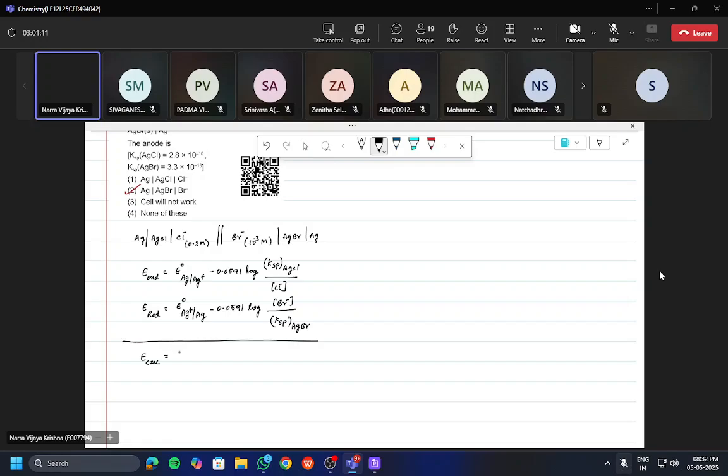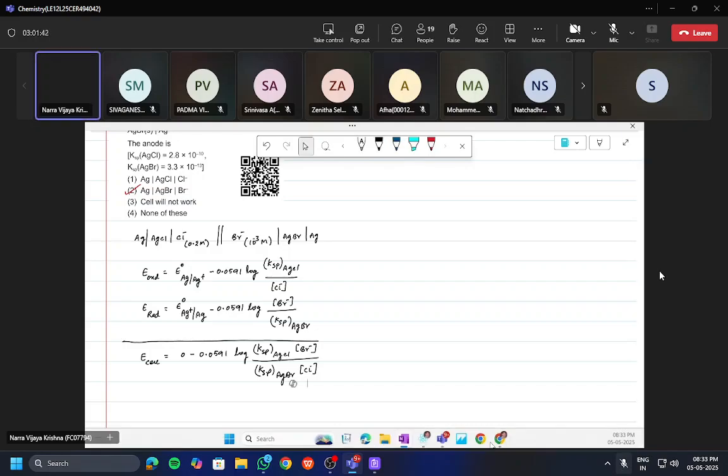I am taking minus 0.0591 common. If I take that common, what is left? Log of KSP of AgCl into concentration of Br minus upon KSP of AgBr into concentration of Cl minus.